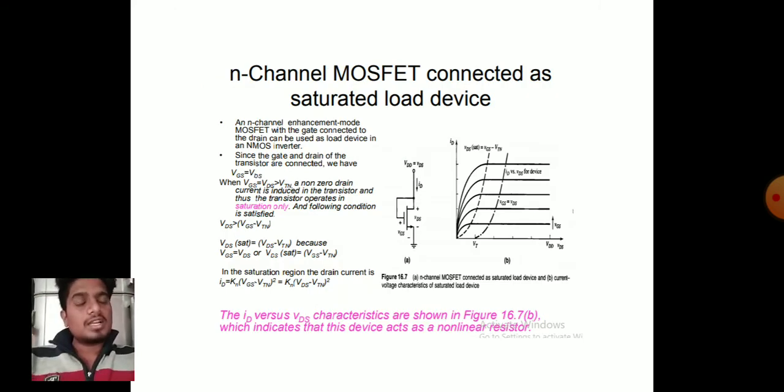N-channel MOSFET connected as a saturated load device. An N-channel enhancement mode MOSFET with the gate connected to the drain can be used as a load device in an NMOS inverter. Since the gate and the drain of the transistor are connected, we have VGS equal to VDS.